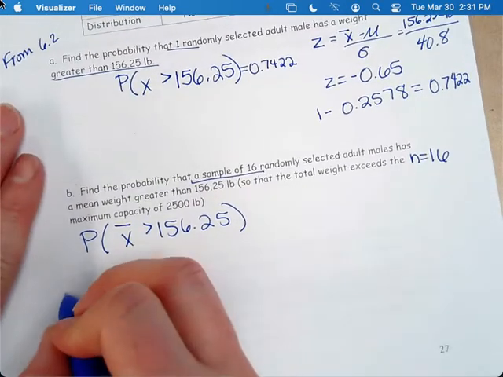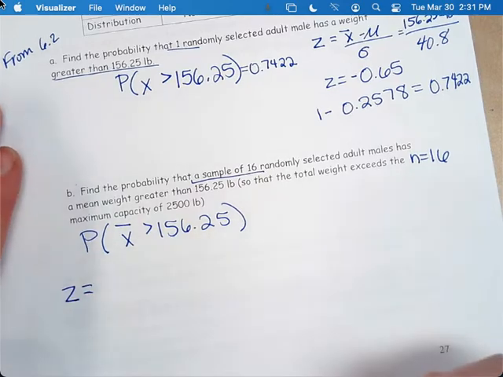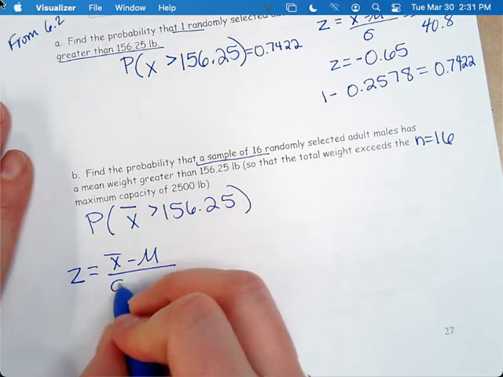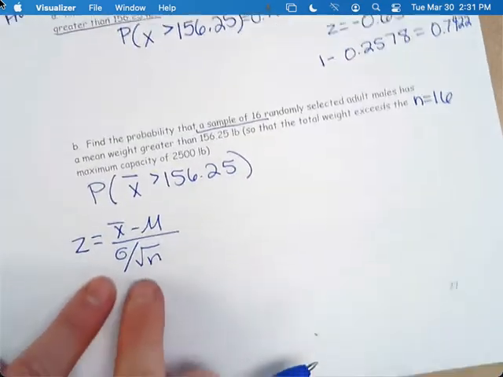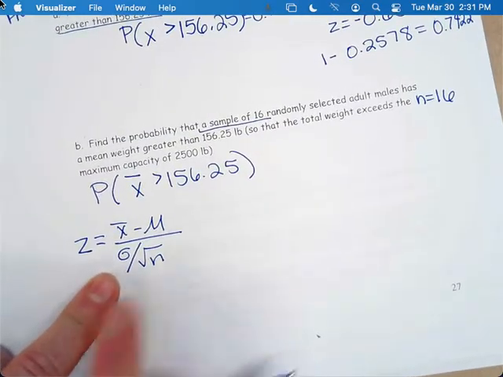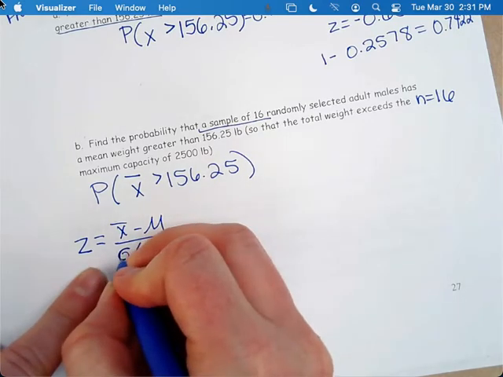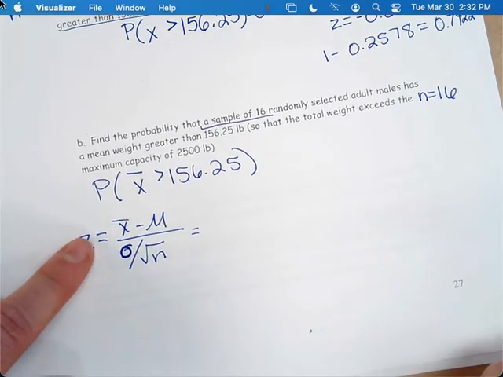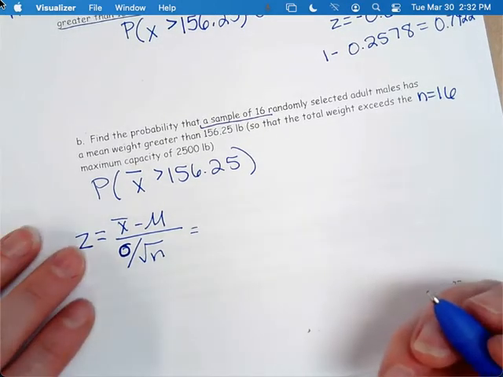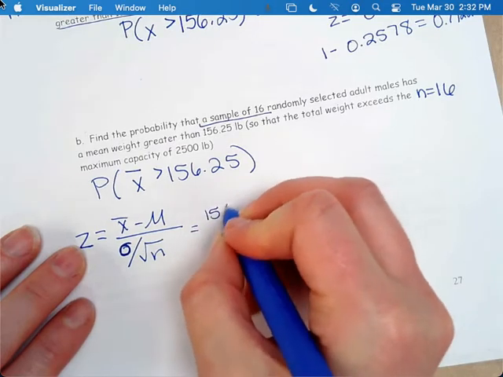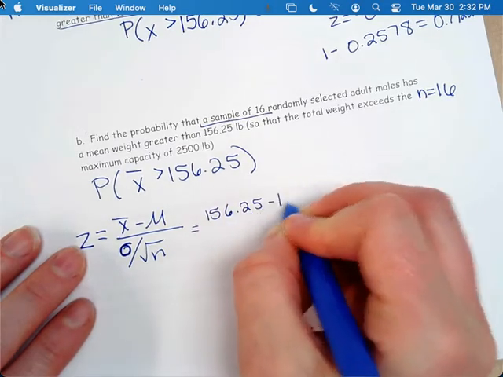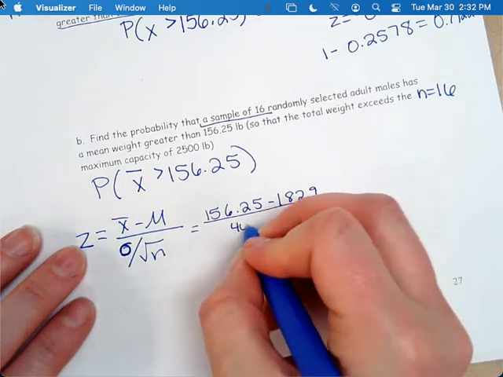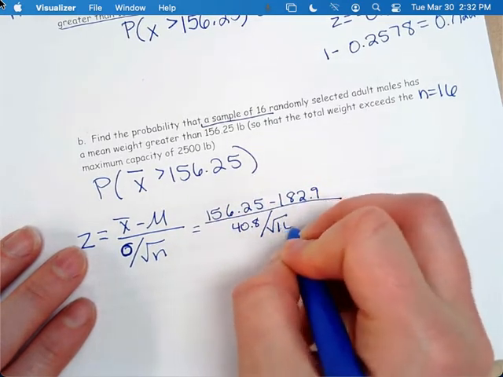So I'm going to use the z-score, and then I'm going to find the area. So the z-score, because we're doing the mean, we're going to add the divided by the square root of N to it. So 156.25 minus the 182.9 over 40.8 over square root of 16.